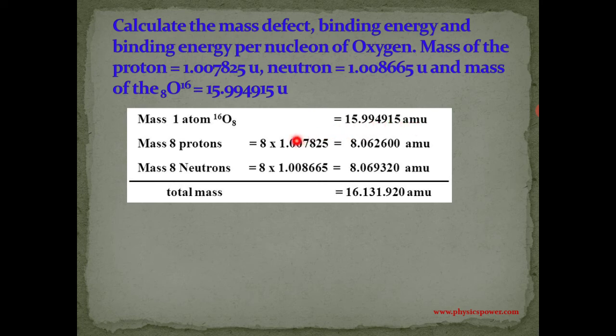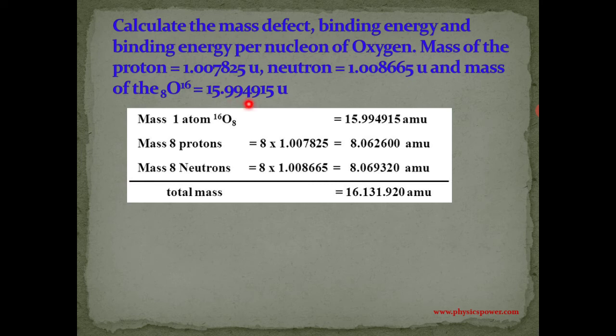Now we can find out the total mass of protons and total mass of neutrons. The reason is, if you want to find the binding energy per nucleon, we should know the mass defect. For that, as we discussed already, mass defect is total mass of the nucleons minus actual mass.